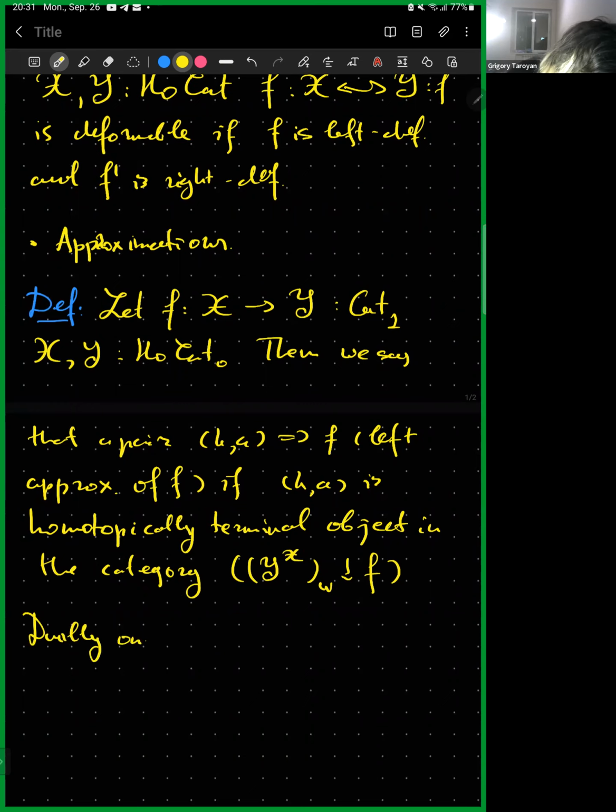Normally one also defines a right approximation of F.